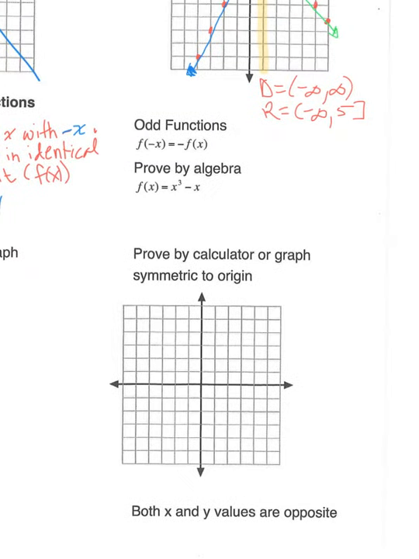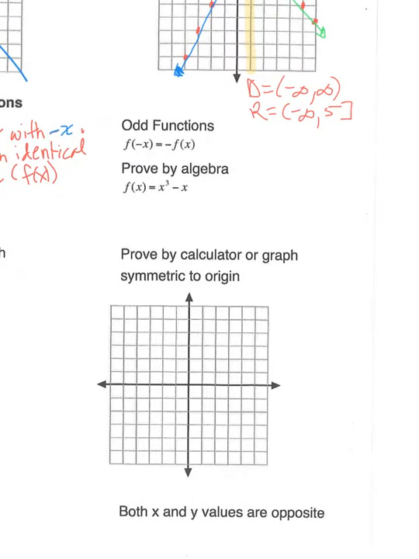All right, so let's look at the other one. I'm going to move this over. For this one, just as I said, if you plug a negative in, all the signs change on the function. So I would write the following.